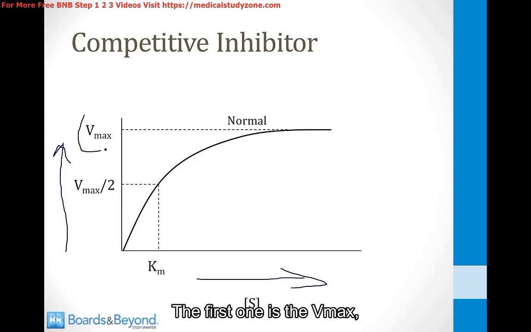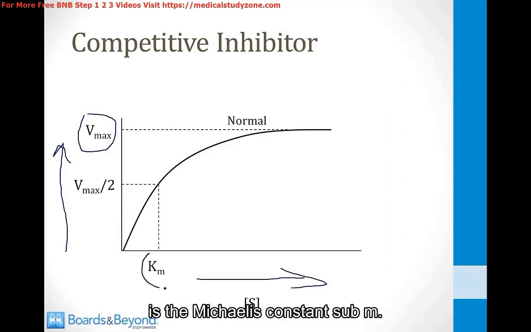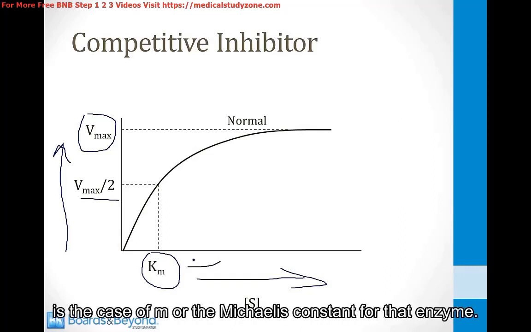The first one is the Vmax, or the maximum velocity of the reaction that can occur in the presence of that enzyme. The other important enzyme characteristic that you can determine from a plot like this is the Michaelis constant K sub m. To determine the Michaelis constant, you go to the point along the y-axis that is Vmax divided by 2. Whatever substrate concentration correlates with that point is the K sub m, or the Michaelis constant for that enzyme.